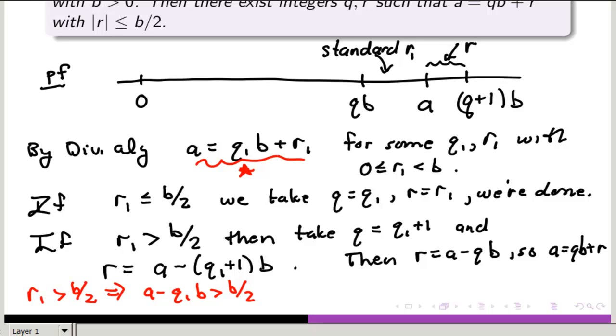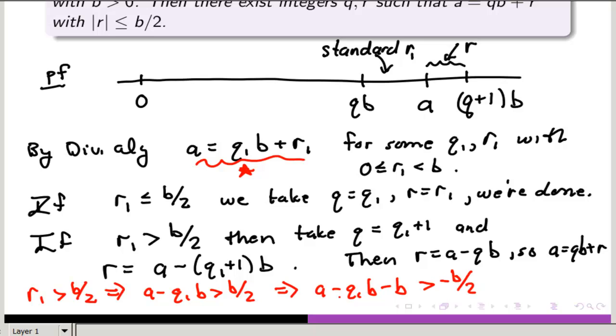And then we subtract B from all sides. That A minus Q1 B minus B would be strictly greater than minus B over 2.